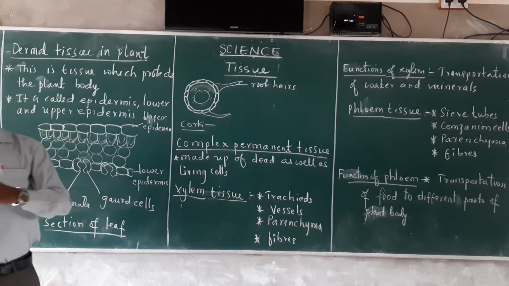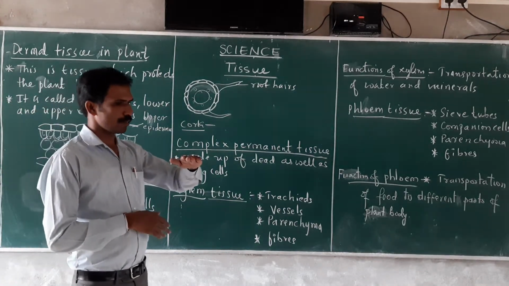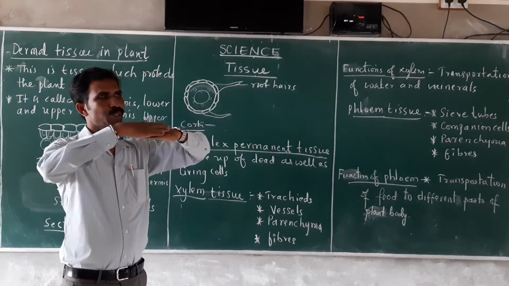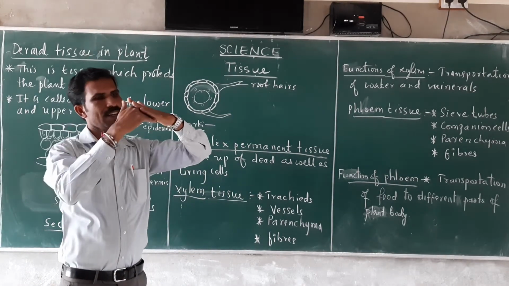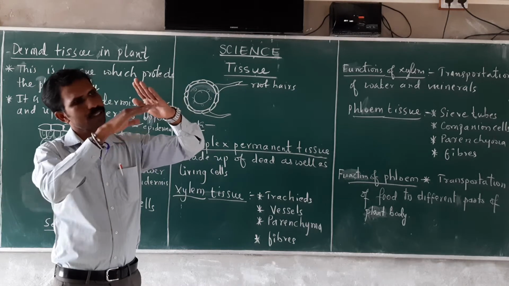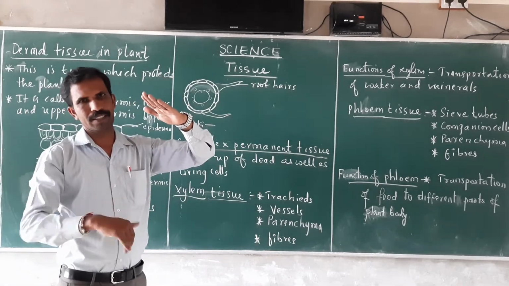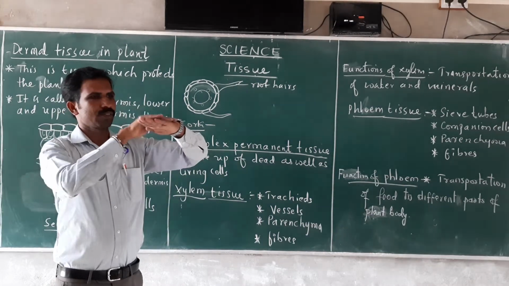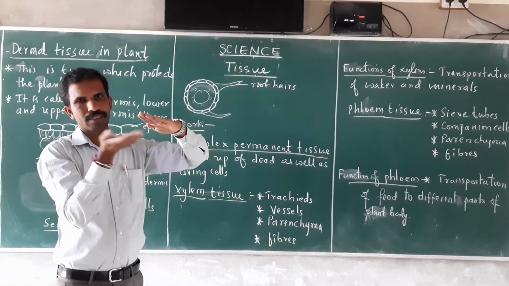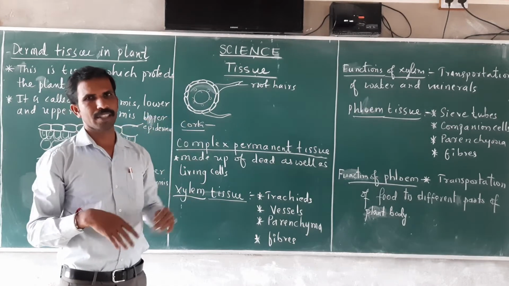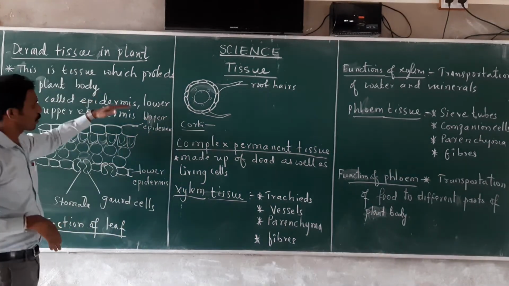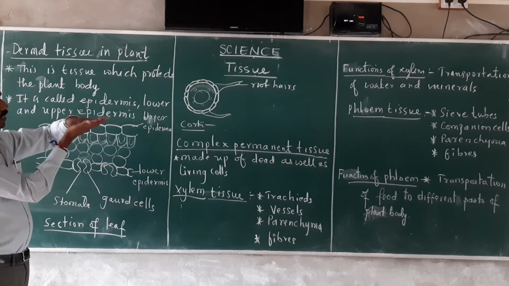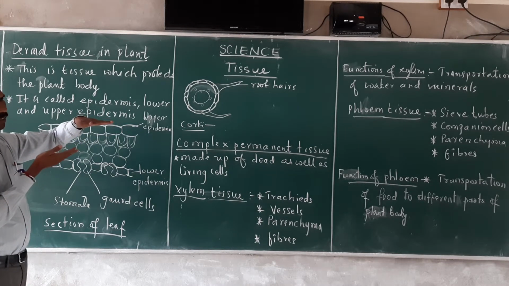This is the leaf: the face towards the sunlight and the face towards the gravity, or towards the earth. This is called dorsal and ventral. So this part is called the upper epidermis, and this part is called the lower epidermis, if you take a leaf.